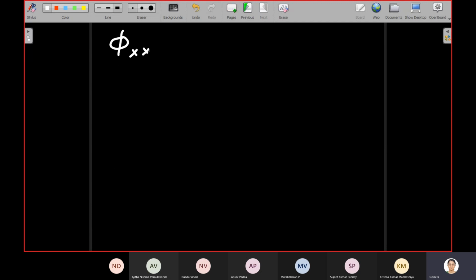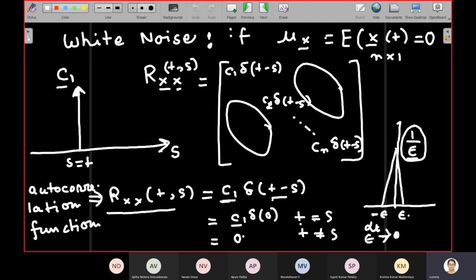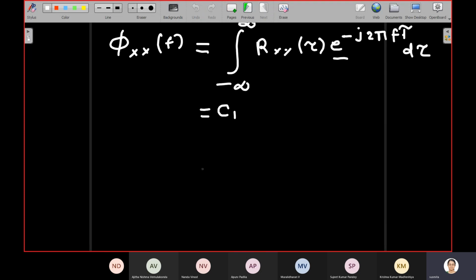So phi xx, when we are considering the single dimensional case, we know that it exists only when tau is equal to 0 and the area under the delta function is unity. So we basically get C1, right? When tau is equal to 0, this actually is unity. If you put the function C1 times delta function, C1 will come out, and the area under the delta function is unity. We basically get C1. So the power spectral density actually has a flat profile.